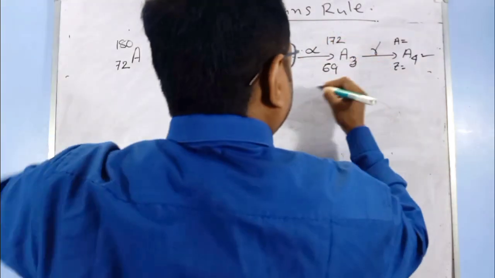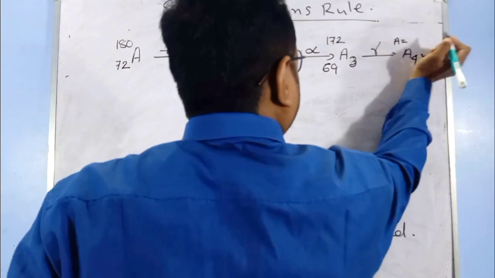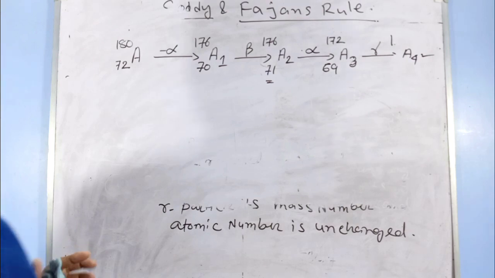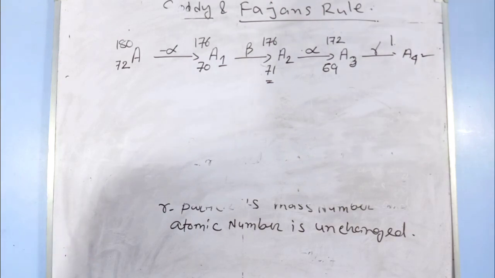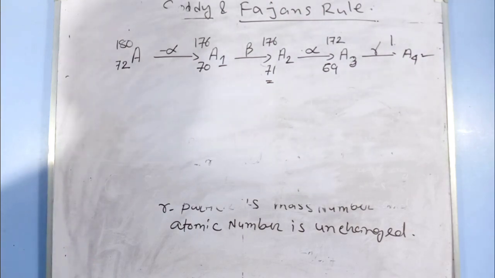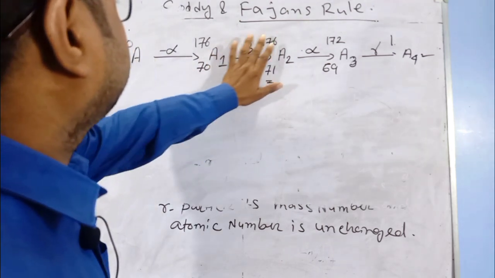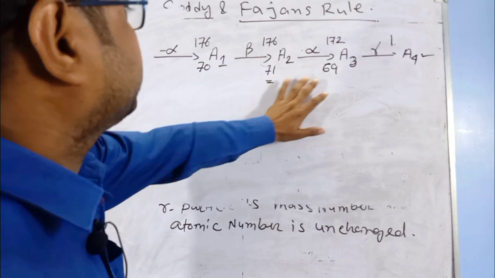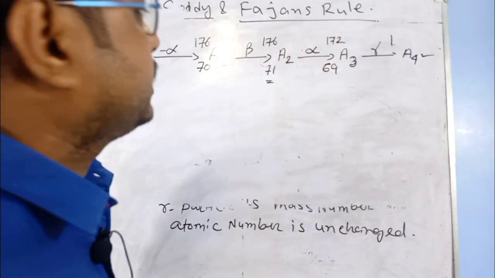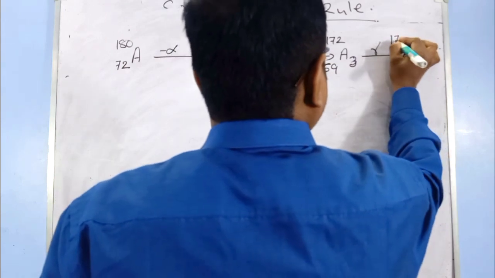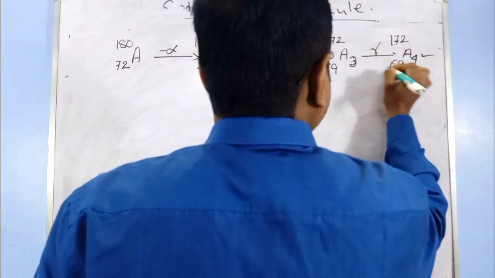And for gamma particle, the mass number and proton number are unchanged, so it is 172, 69.